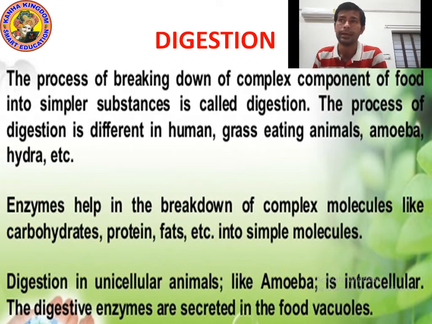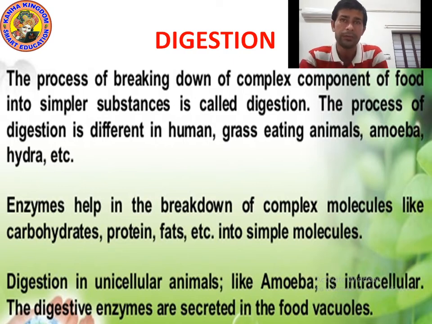And digestion in unicellular animals like amoeba. As we know that amoeba is unicellular, so in amoeba the process of digestion is different. In a unicellular animal like amoeba, digestion is intracellular. The digestive enzymes are secreted into the food vacuoles.